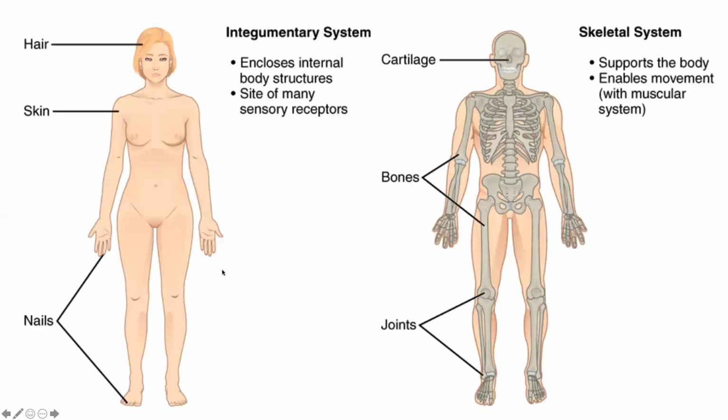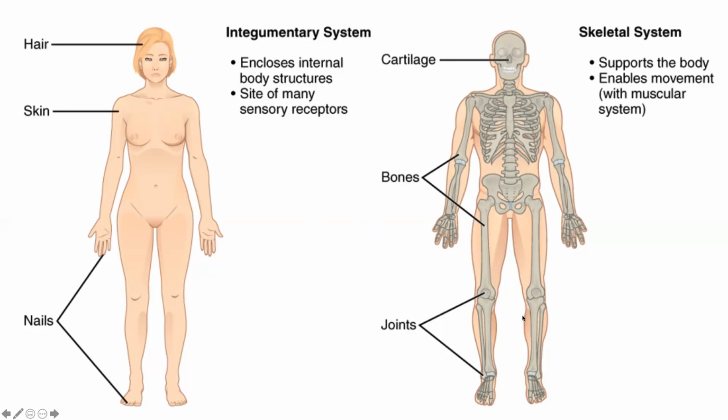If you look at these diagrams, the integumentary system, which is, of course, the skin, the nails, and the hair. The skeletal system means the bones in our body, and it also includes the cartilage and joints.